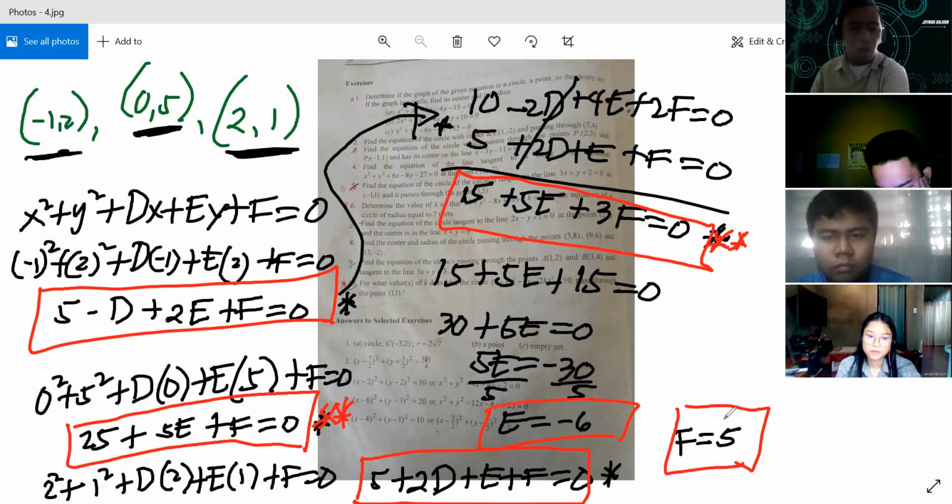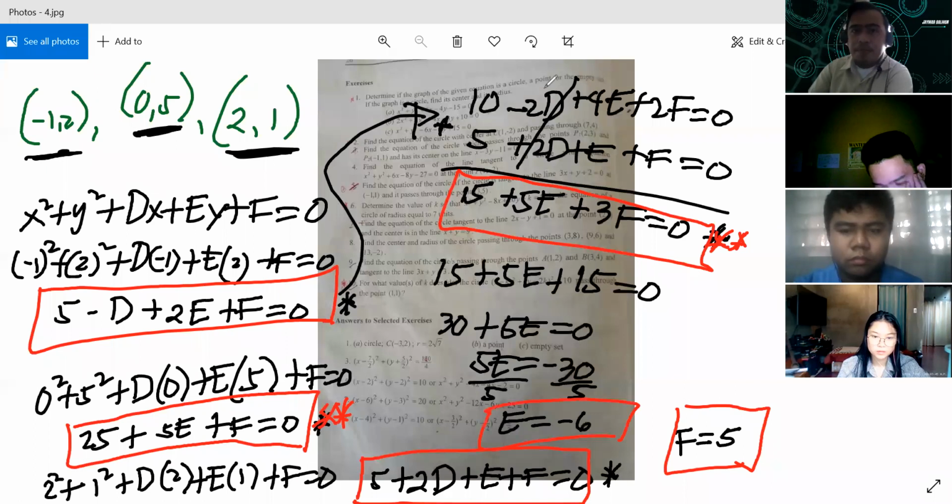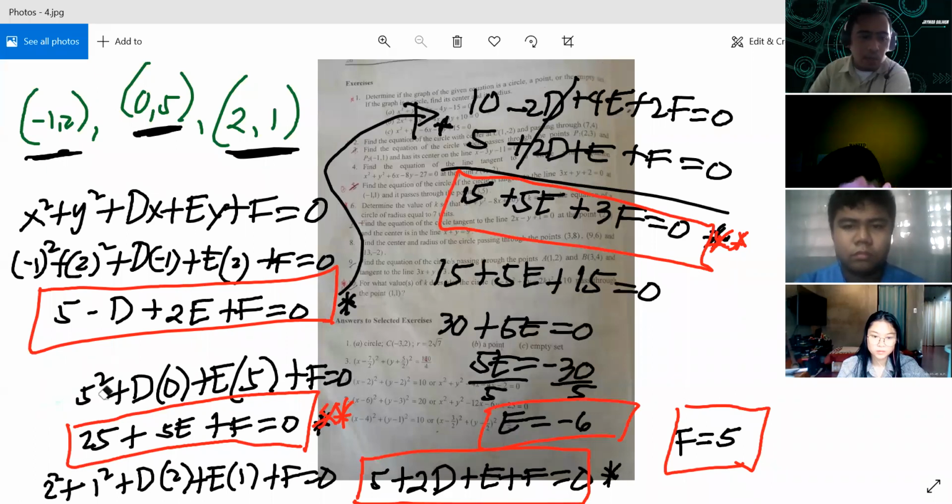The only thing that we don't have is the D. So you either use this one or this one, right? So let us just use this. Let us erase the equation below so that we can have space here.